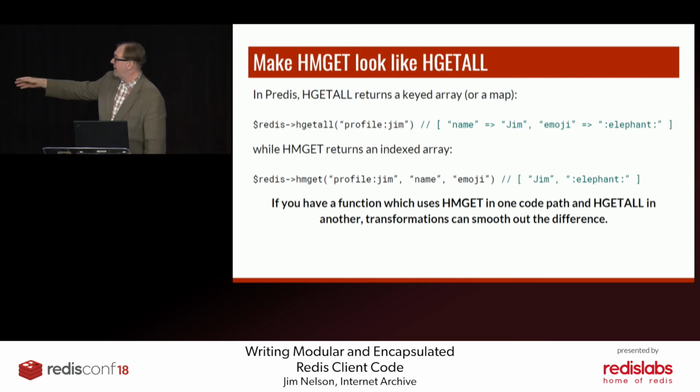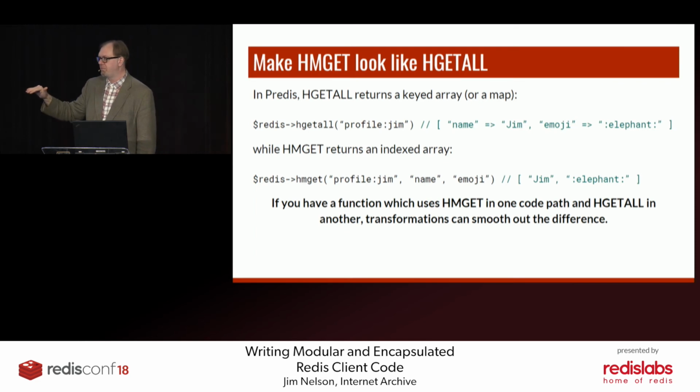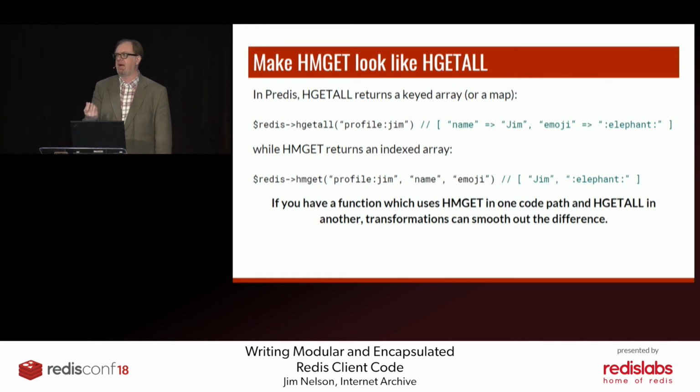You only get back the values, not the names, because it's presumed that you know the fields you've requested. So sometimes I've had to write functions where I go through HMGET for one code path and HGETALL for another code path. But the problem is they produce different style arrays, one an array and one a map.